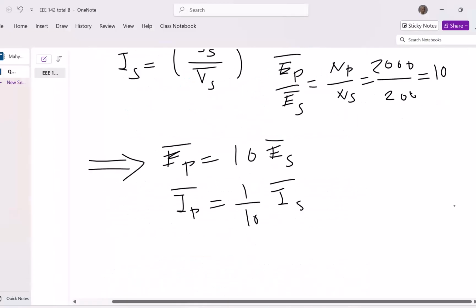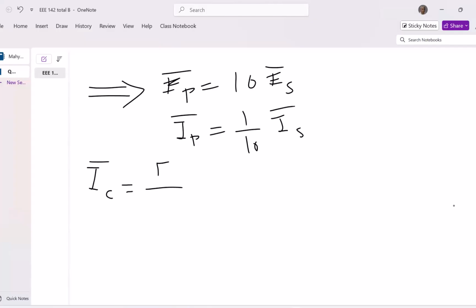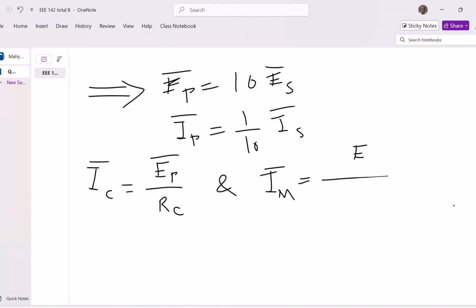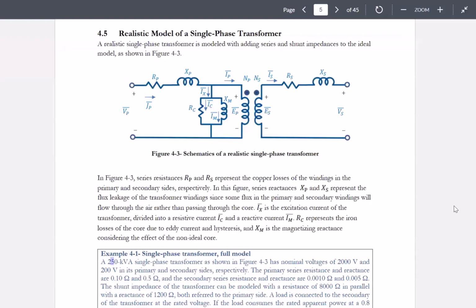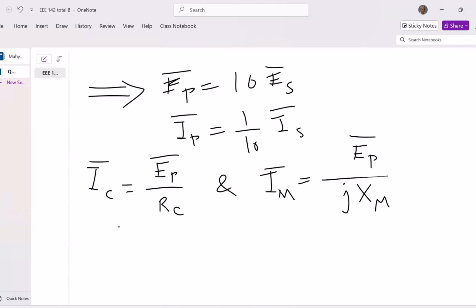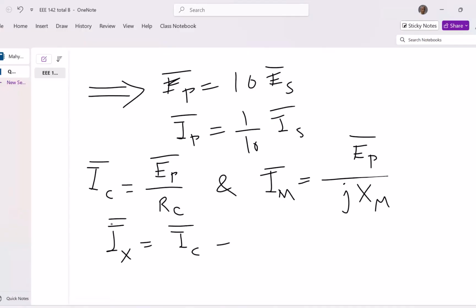So IC would be EP over RC, and your IM would be the same as EP over JXM. Don't forget the J. And these two together become IX. So your IX becomes IC plus IM.